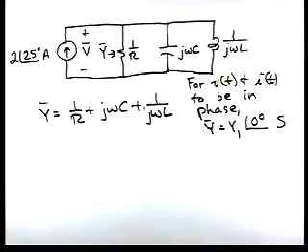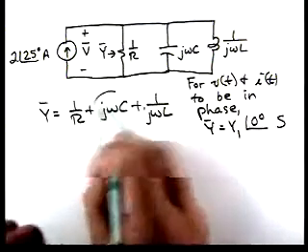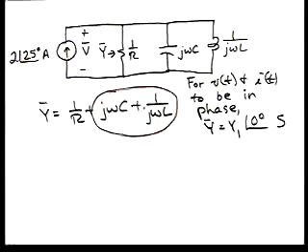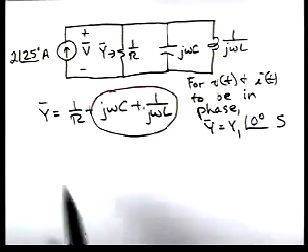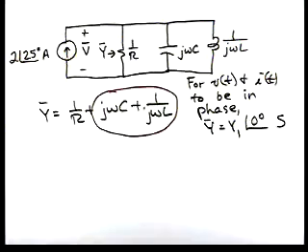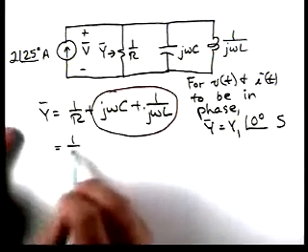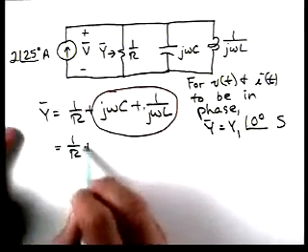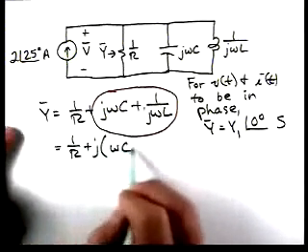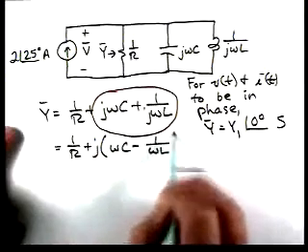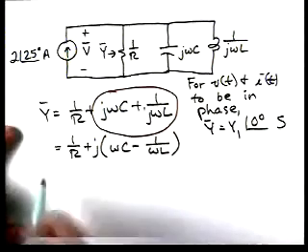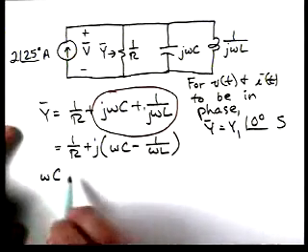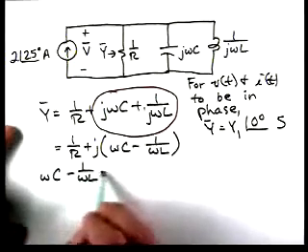And the only way that can happen is for these two terms to cancel out. That's the only time that the admittance, Y, would have a phase angle of 0. So if we rewrite this as 1 over R plus j times (omega C minus 1 over omega L), it looks like we would like to have omega C minus 1 over omega L equal to 0.